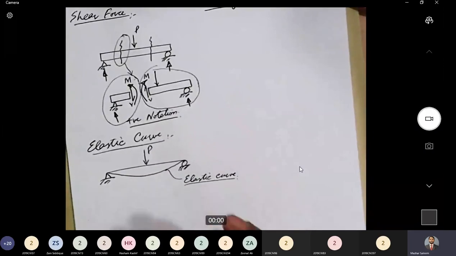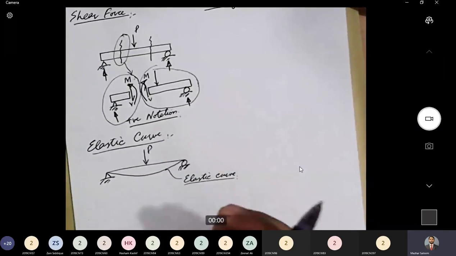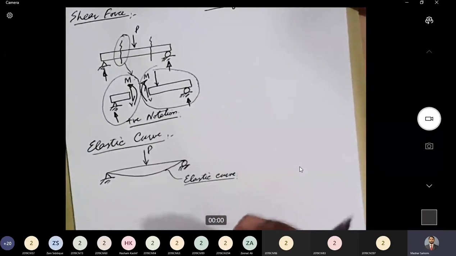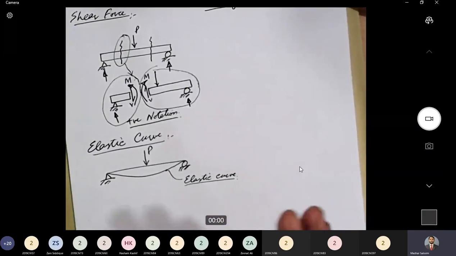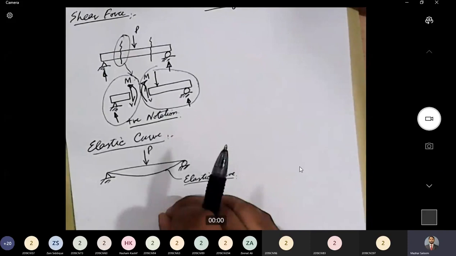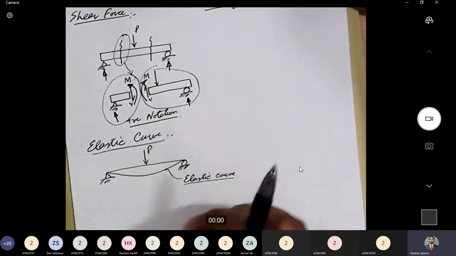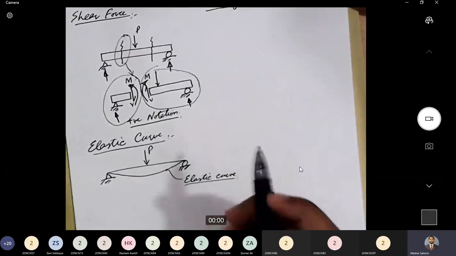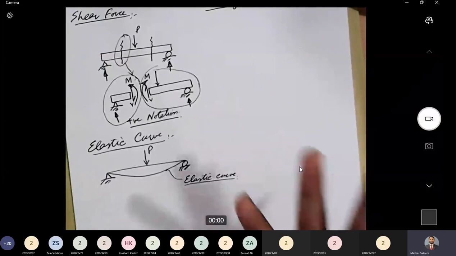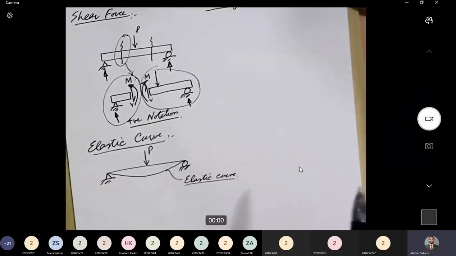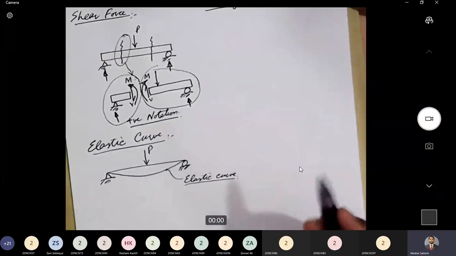Whenever we will be solving problems related to shear force and bending moment diagrams, we will also draw the elastic curve of the beam. In almost all the problems, we will be asked to draw the shear force diagram and bending moment diagram, as well as the elastic curve of the beam, or in simple words, the deformed shape of the longitudinal axis.